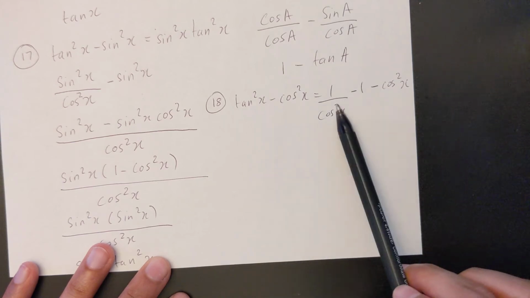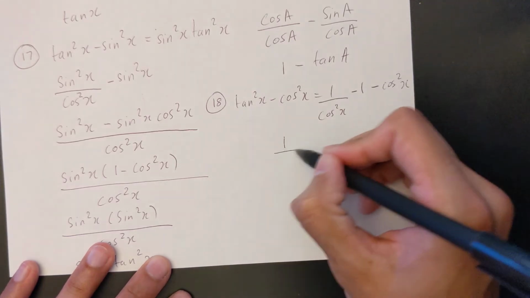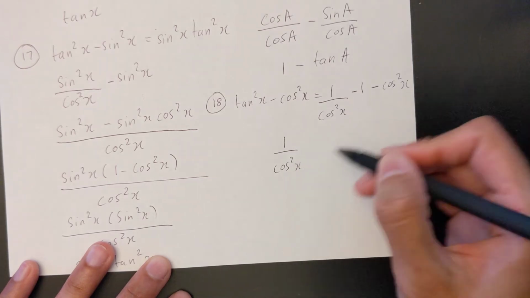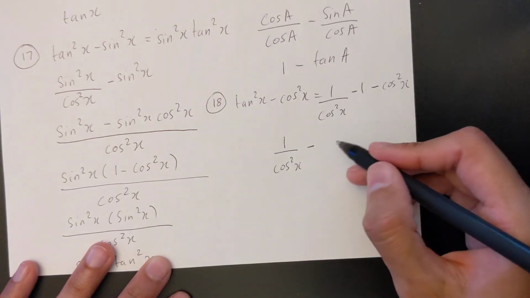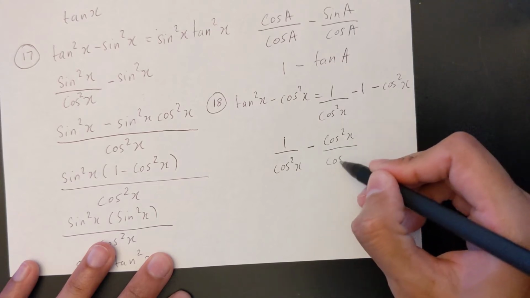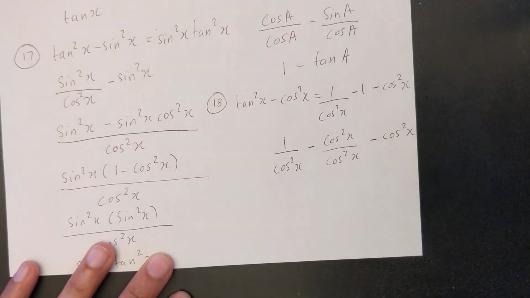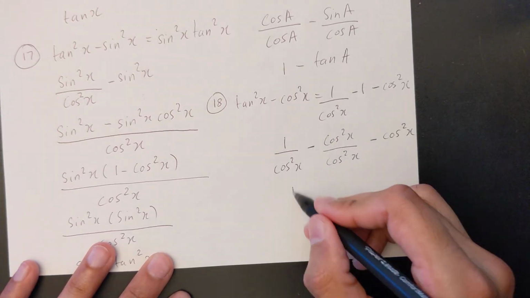I'm going to start by making a common denominator with just these two terms. So I'm going to multiply cos square x on the top and the bottom. I'm going to leave this the same. Don't need to touch that at all. I'll just combine these.